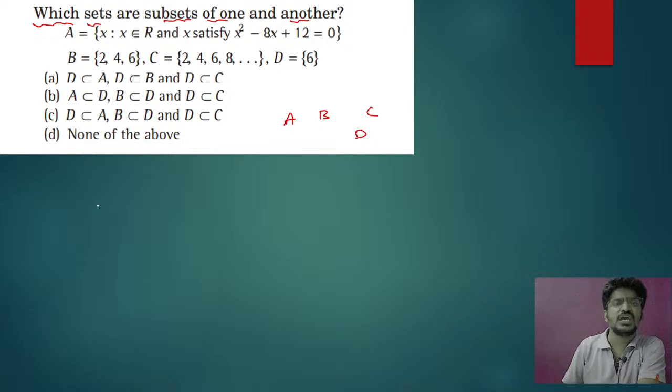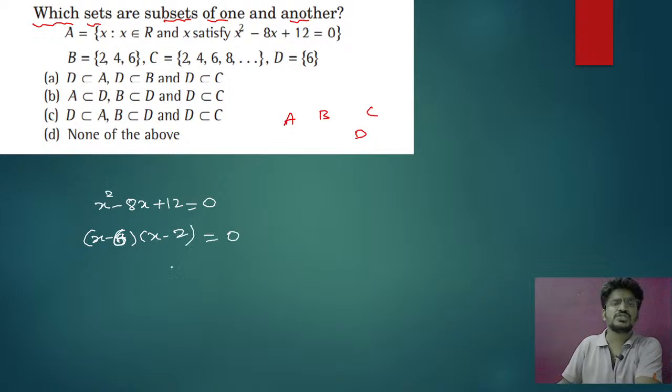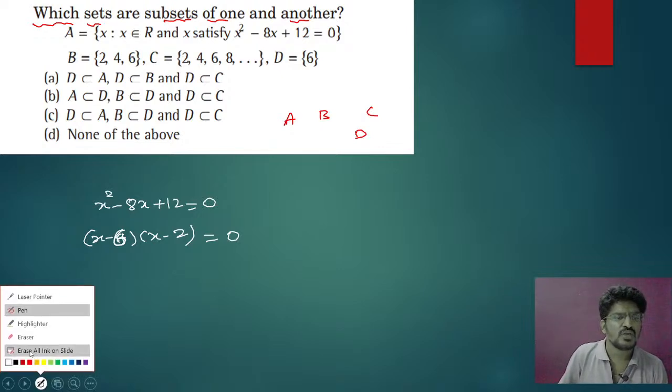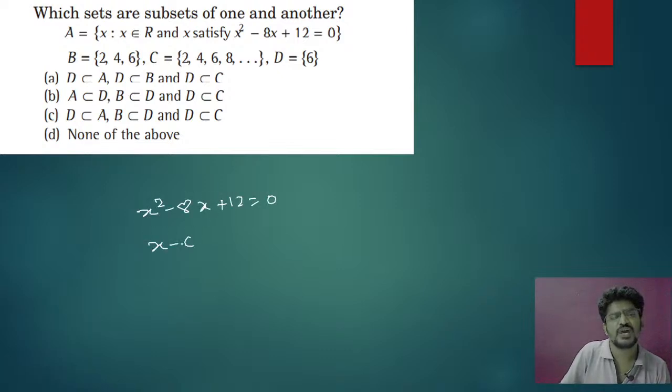First you simplify set A, that is x square minus 8x plus 12 equal to 0. If I factorize this, it will be x minus 6 into x minus 2 equal to 0.